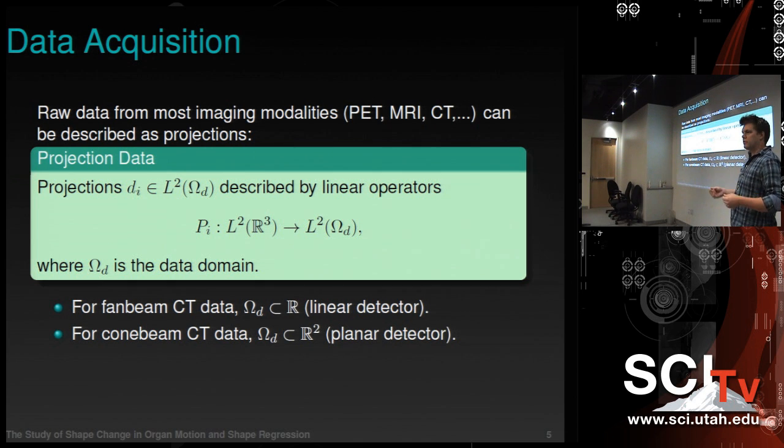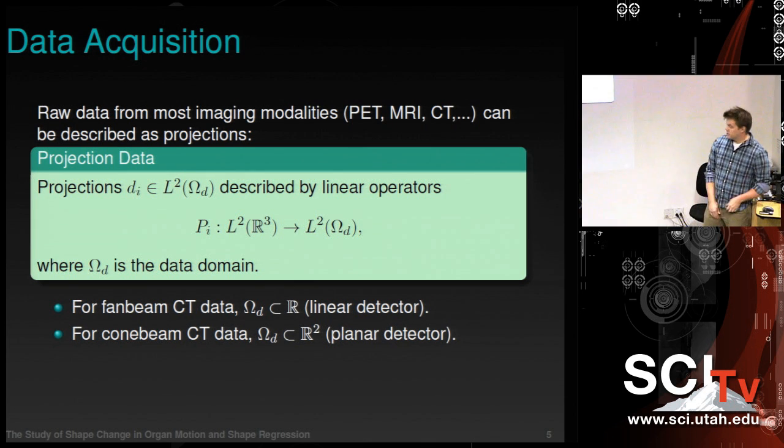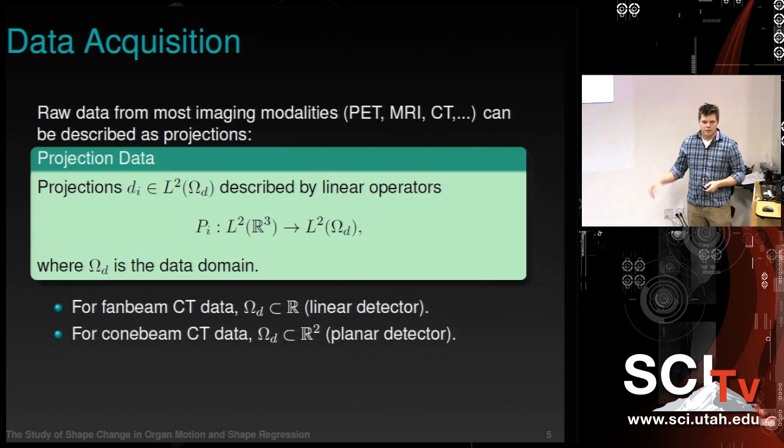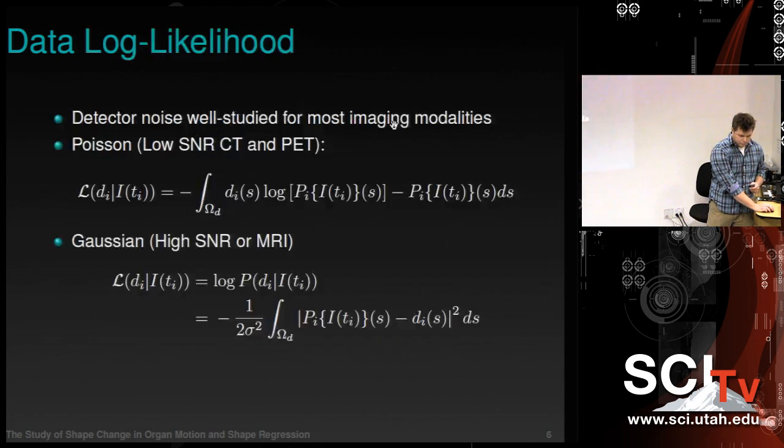They could be 1D for fan beam. They could be lines of k-space for MRI, and so on. But in general, we'll use this abstract notation with the P_i, indicating just an abstract linear operator. And by modeling this in the abstract like this, we can think of this as plugging in different modalities. But we'll develop the whole theory in the abstract and develop our methods with just P_i.